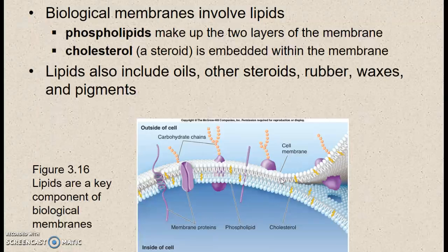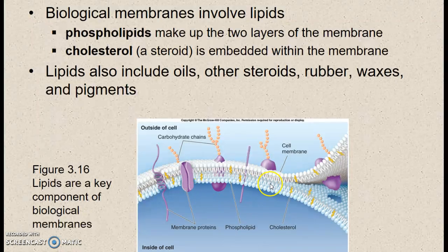The phosphate side of the molecule is polar or hydrophilic, while the fatty acid chains, or the tails, are hydrophobic. And so these molecules self-assemble or naturally assemble into a phospholipid bilayer, because in the environments where cells are, the solution outside of them is aqueous or water containing, and there's also aqueous solution inside.